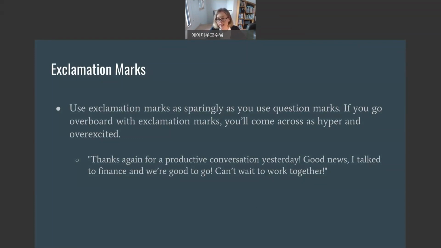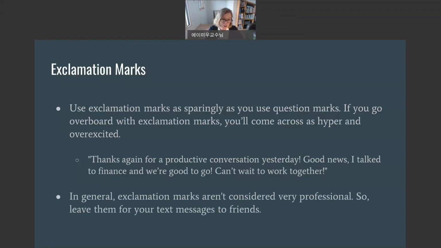Can't wait to work together. It's a little bit over, right? It's too much. If you just stick to periods, it's a lot more professional. In general, exclamation marks aren't considered very professional. So leave them for your text messages to friends.